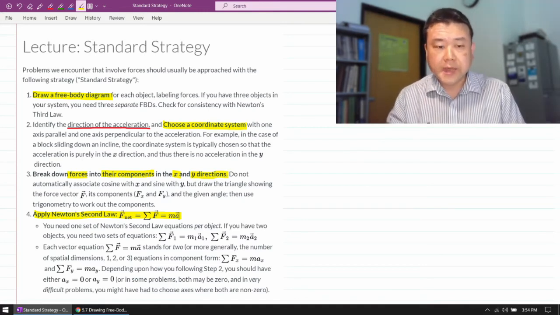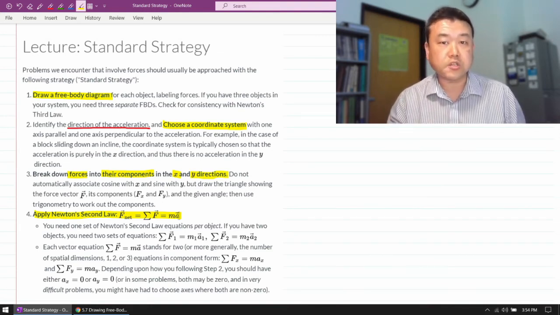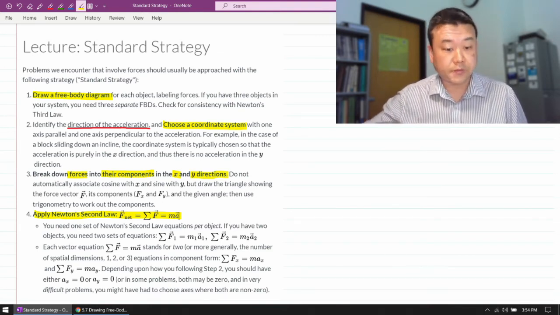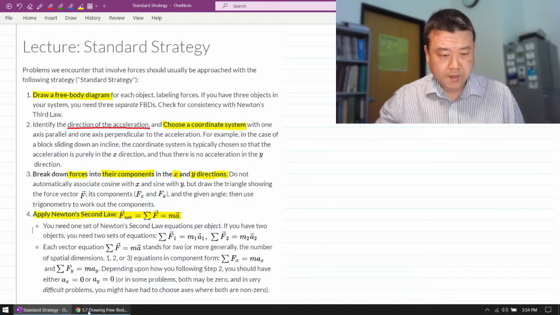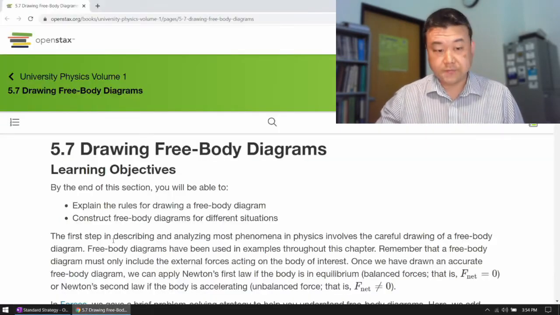Now, your textbook will give its own version of Newton's law strategy, and I will do a separate video that draws the comparison more thoroughly. In the meantime, let me just point you to where in your textbook those Newton's law strategies can be found. A portion of them is in section 5.7.